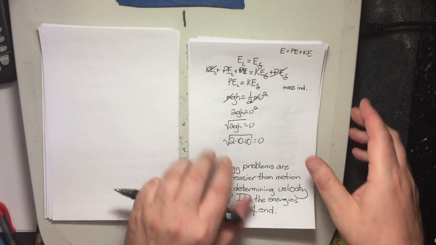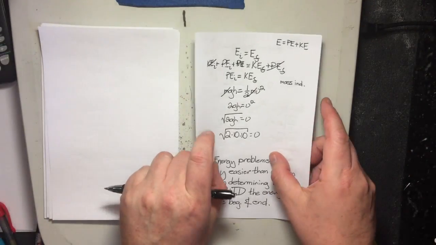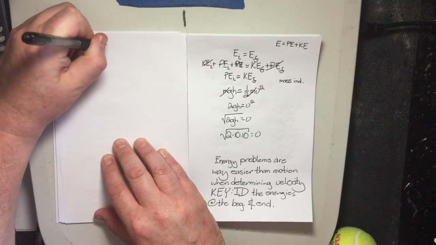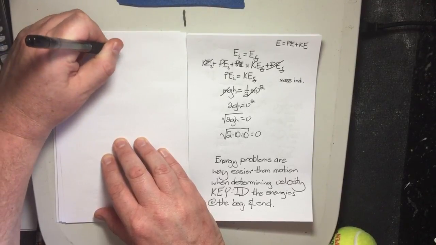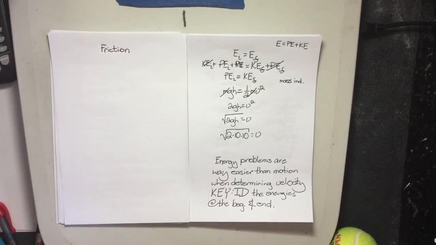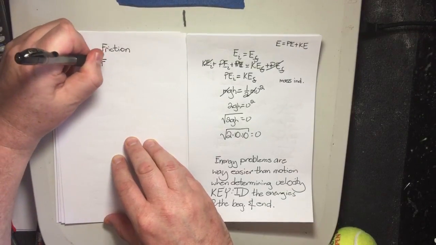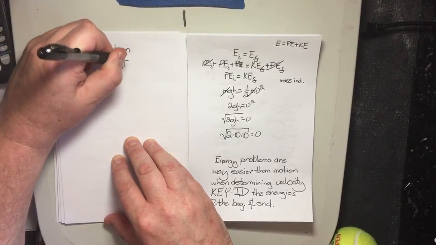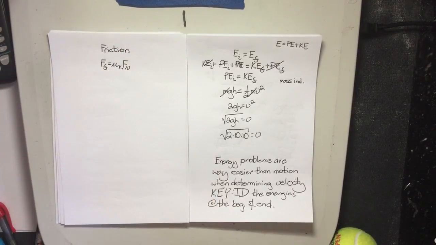All right, next. What we're going to do is we're going to introduce friction. Now we all know about what friction is. Friction force is mu sub k times the normal force.